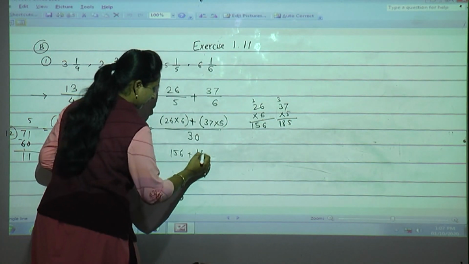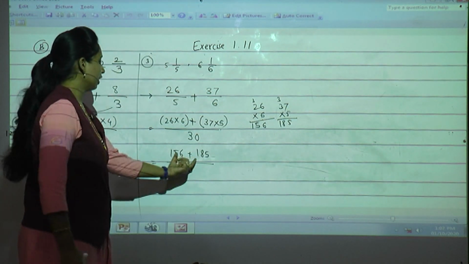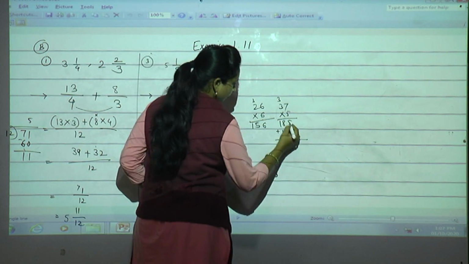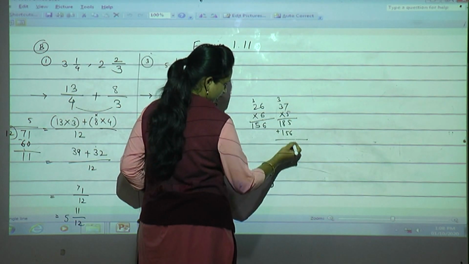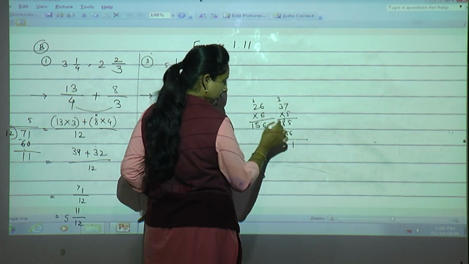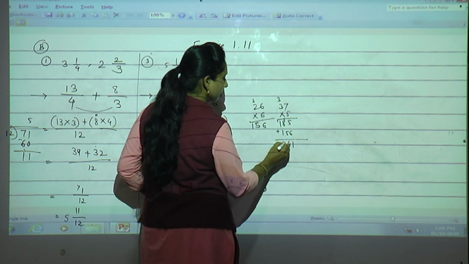So write here 185 divided by 30. Now we need to add both the numbers. I will do it here only. 5 plus 6 is 11. Carry 1. 1 plus 8 is 9. 9 plus 5 is 14. Carry 1. 1 1 1 3.